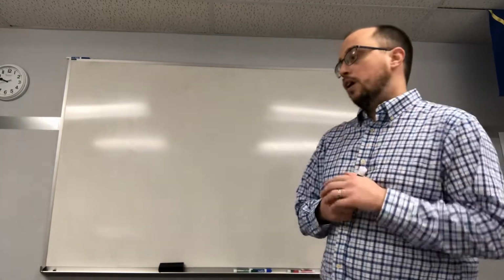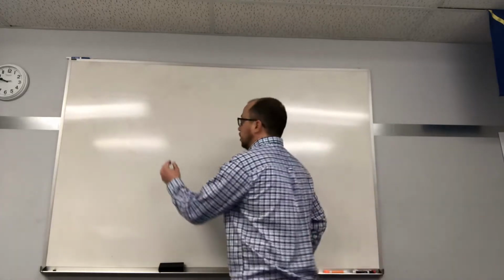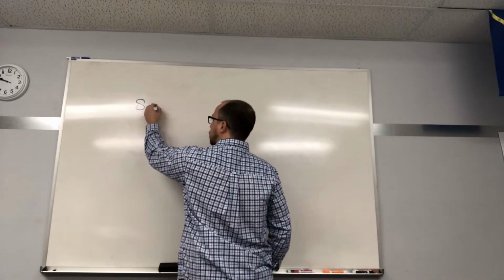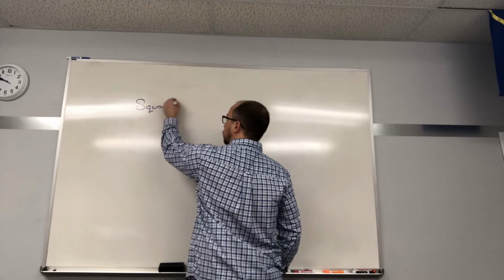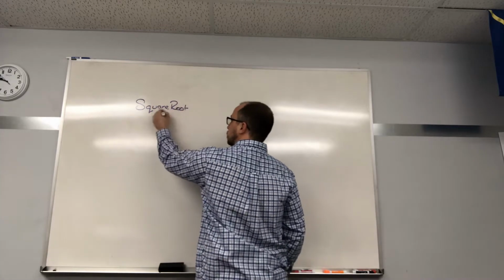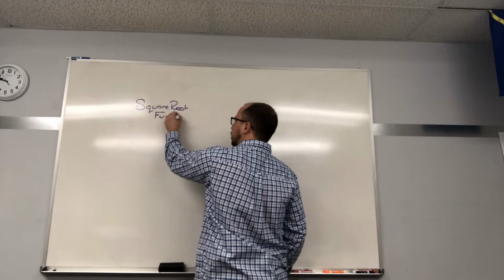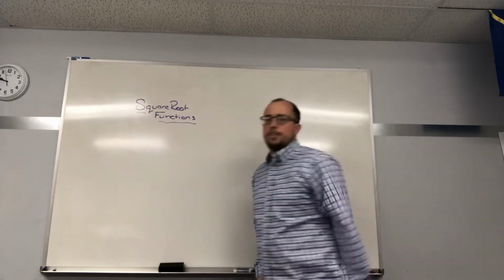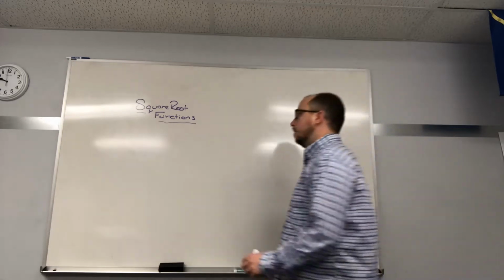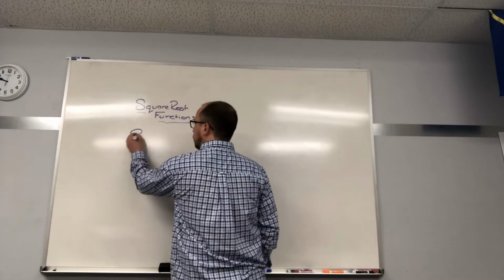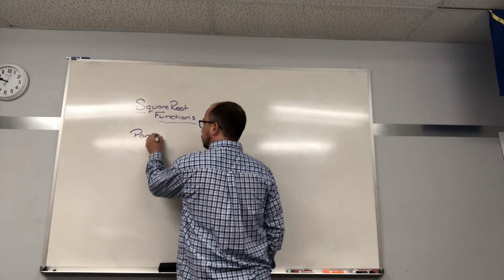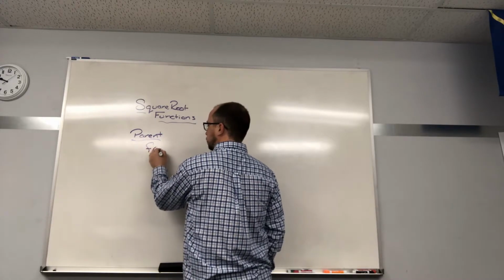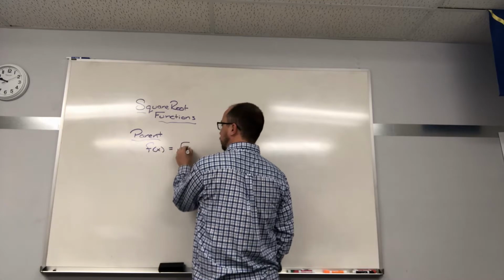So here we go. All right, remember when we talked about square root functions? The place we start when talking about them is always with the parent function. The parent function, the mommy-daddy function, is f of x equals square root of x.